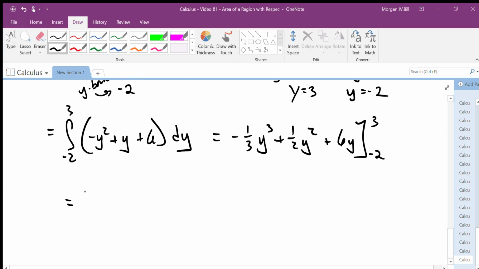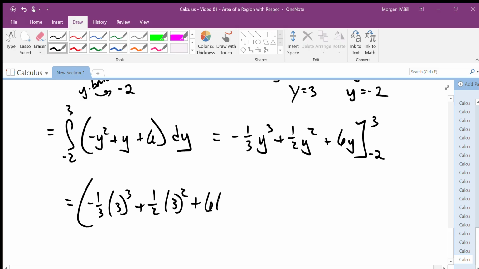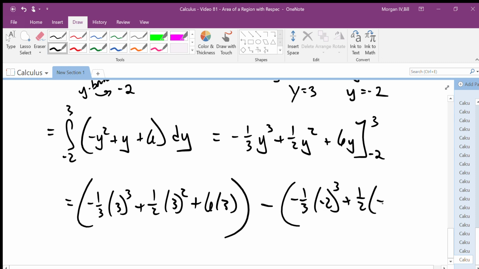Fundamental theorem of calculus says we get -1/3 times 3 cubed plus 1/2 times 3 squared plus 6 times 3, minus -1/3 times -2 cubed plus 1/2 times -2 squared plus 6 times -2.